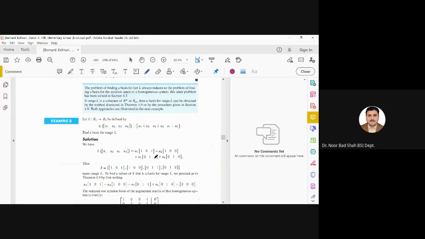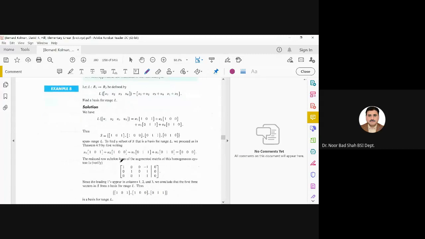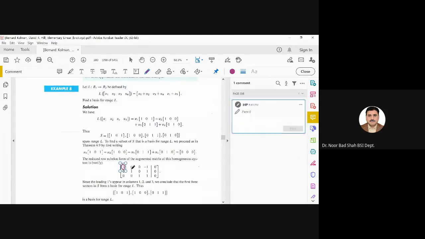And then you take all these common, so we get a spanning set. Then you check whether these vectors are linearly dependent or independent. You put these in columns, reduce to echelon form, and then take the leading entries. See 1, 1, and 1. So you take only the first three vectors, this one, and this one.